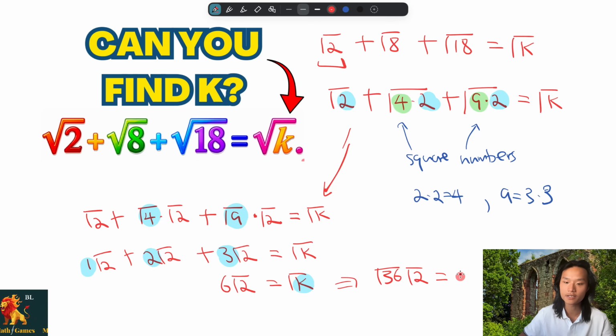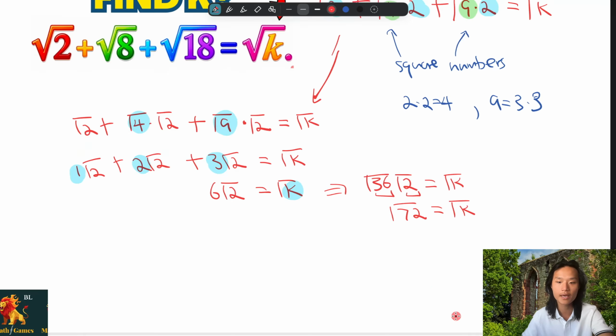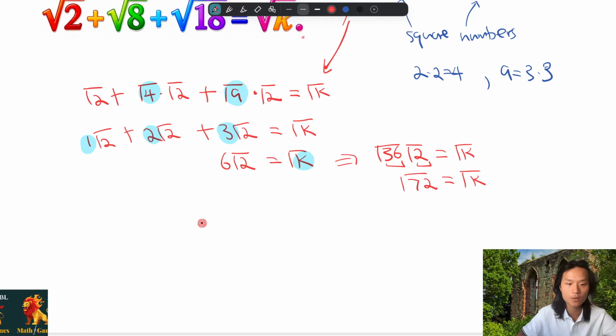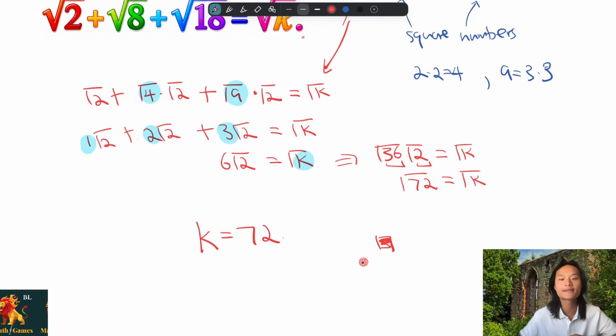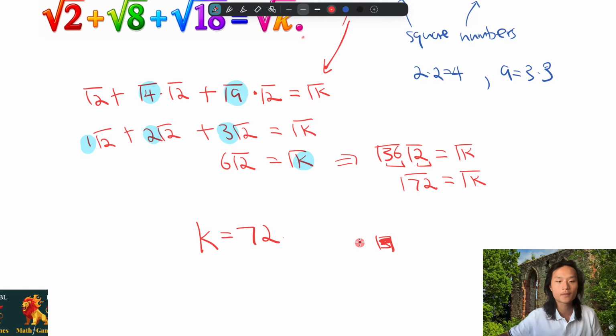So that gives us square root of k. And so we multiply 36 and 2 together. So we have square root of 72 equals the square root of k. So k is 72. And that's our answer.